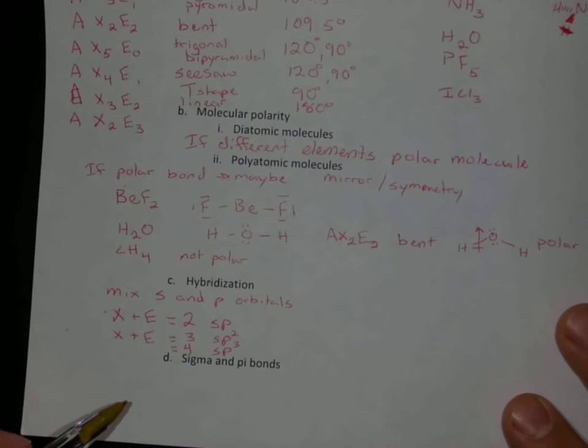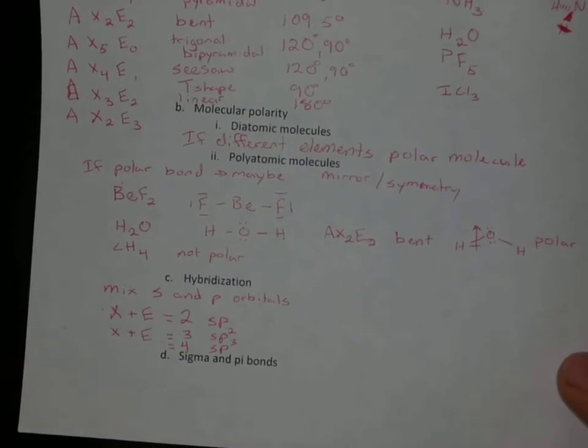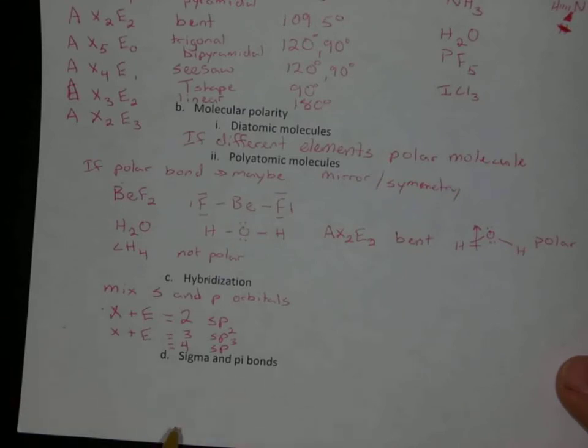The last piece with it, though, is we want to look at sigma and pi bonds. So when the atoms bond together, they do this hybridization where the electrons start to share, and we are able to have overlap between the electrons being close enough to the other nucleus, right? And so when it hybridizes and we have that overlap of the electrons, we start to see these sigma and pi bonds.